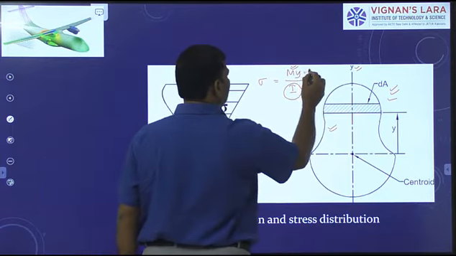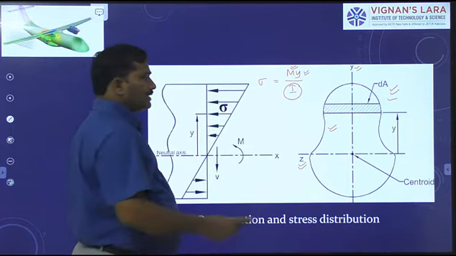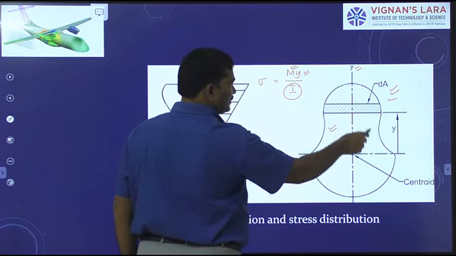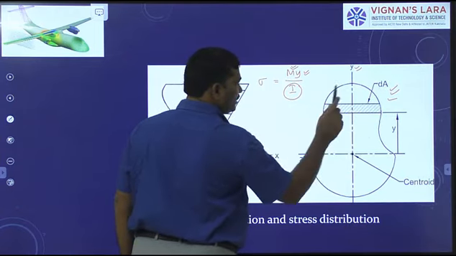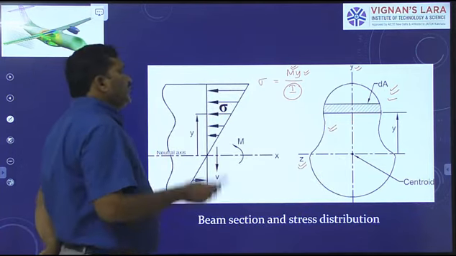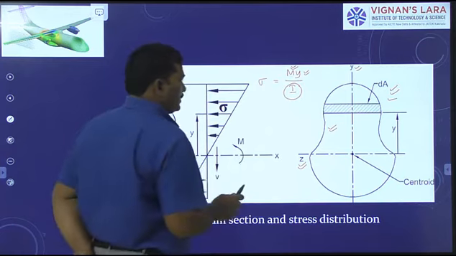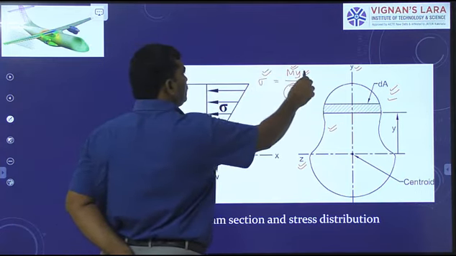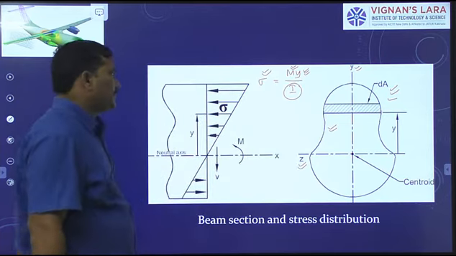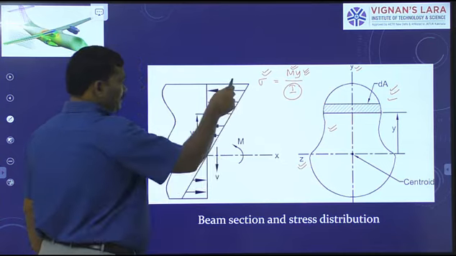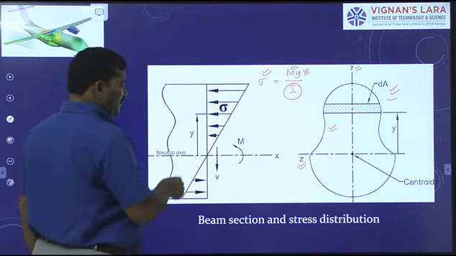And what does y represent? y represents the distance of the element from the neutral axis. On the same section, if you plot the variation of normal stress sigma with respect to the distance of the element, you get the linear variation as we see here.